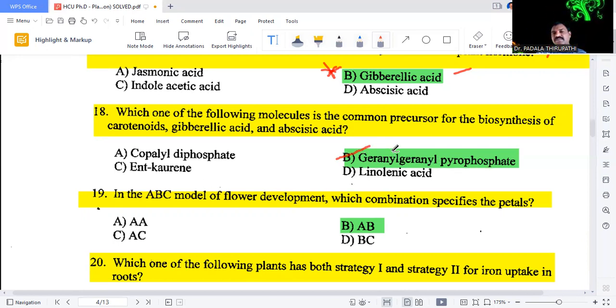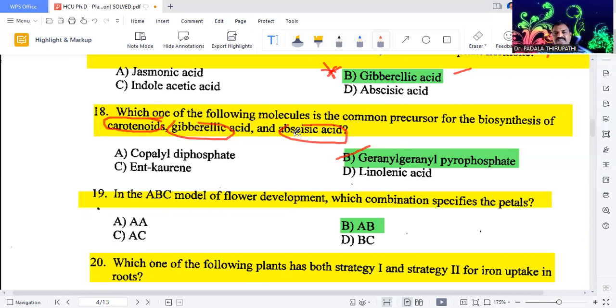This is the precursor for the biosynthesis of carotenoids, gibberellic acids, and abscisic acids. Very, very important: geranyl pyrophosphate.